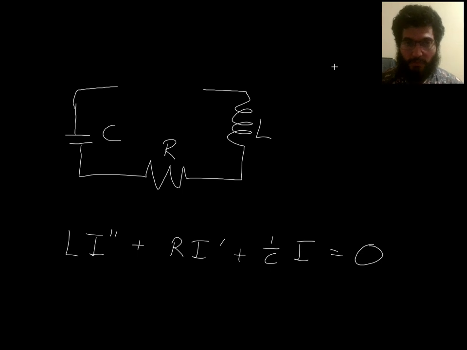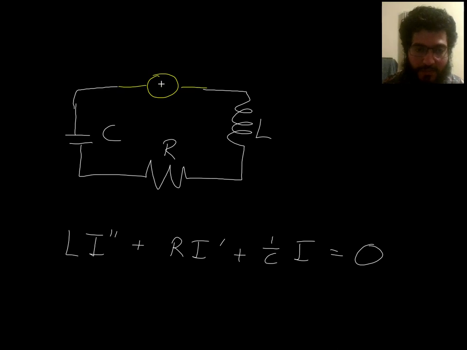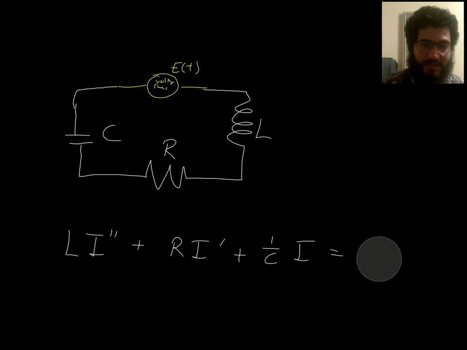We did that just so it would become homogeneous. But now I want to reintroduce the power source, so there's some voltage here. I don't know what to call it, voltage source, E of t. And then we have seen that you get this differential equation, the E prime of t here.